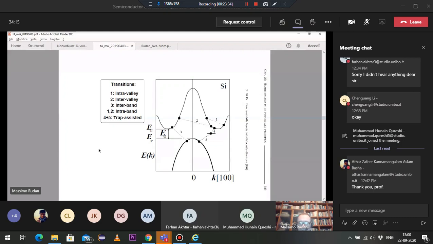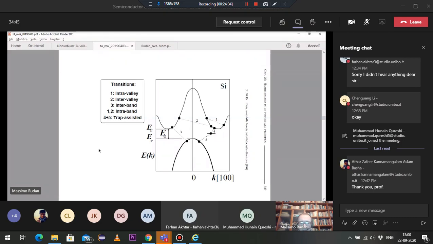These two bands, of course, are special because they contribute to the current of the semiconductor, and because they are special, they take a name. So in particular, the upper band that you see in the figure here is called the conduction band, and the lower band is called the valence band.